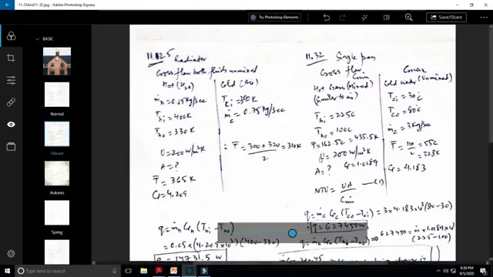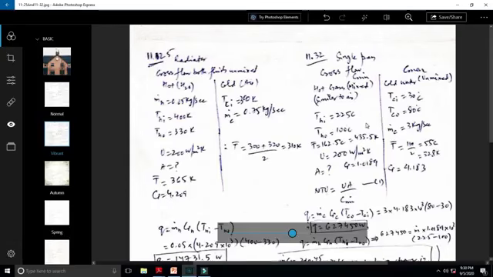So U has been provided, area is the unknown quantity, the log mean temperature difference can be found out since all four temperatures have been provided, and we would be able to find out the correction factor from the chart. So this is how we would be able to proceed.